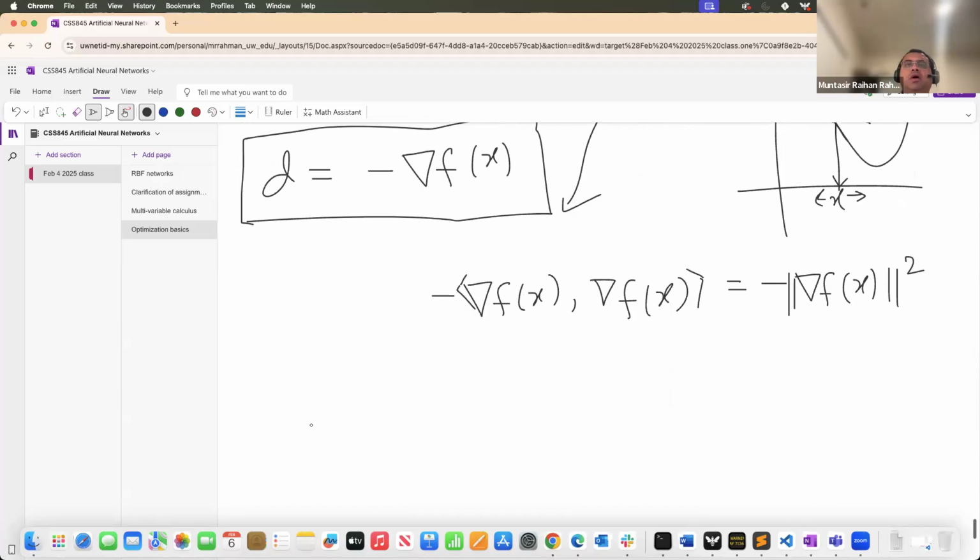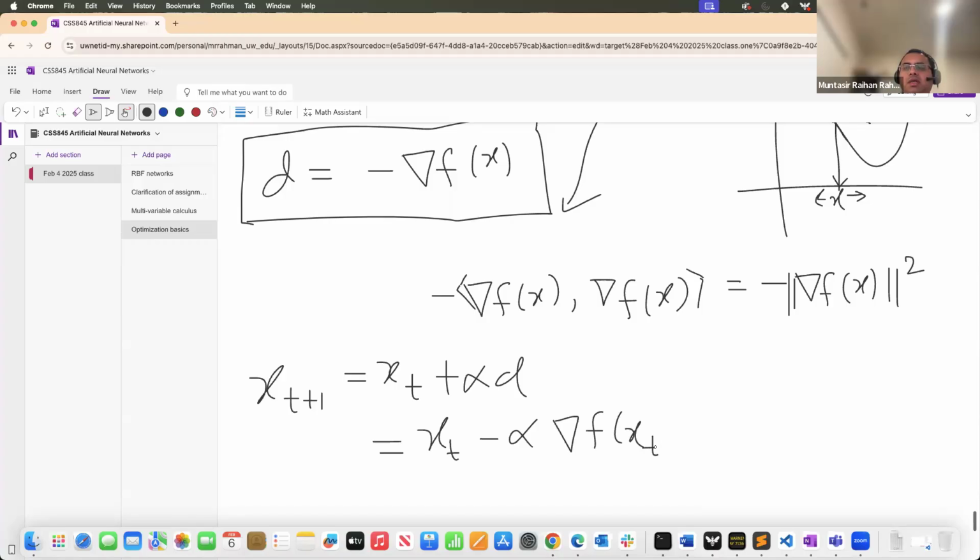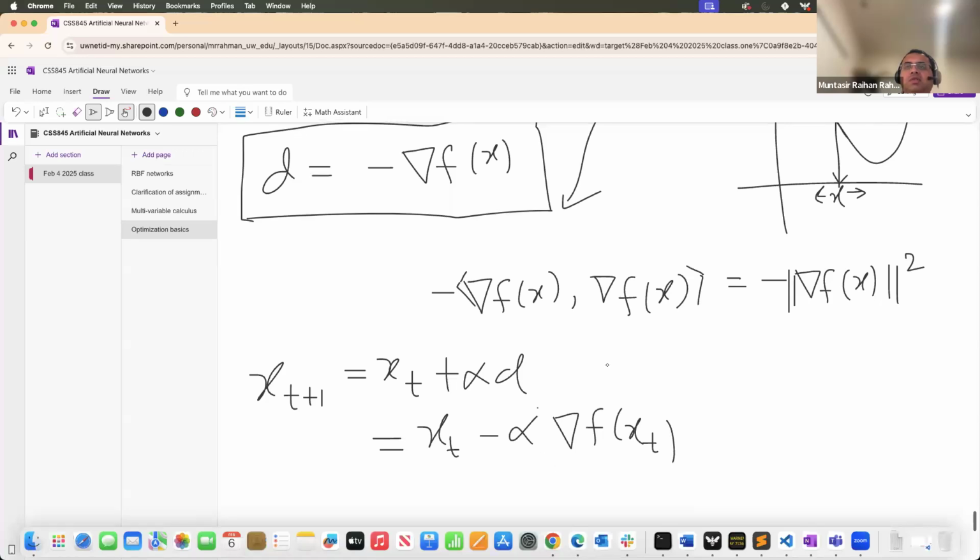So if I now think of my x_t, I say that I want to make x_{t+1} by moving from x_t in the direction of some parameter alpha times d, and then that is going to be x_t minus alpha times del f of x_t, and we would say this is kind of the learning rate.